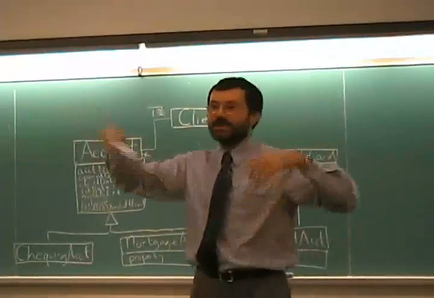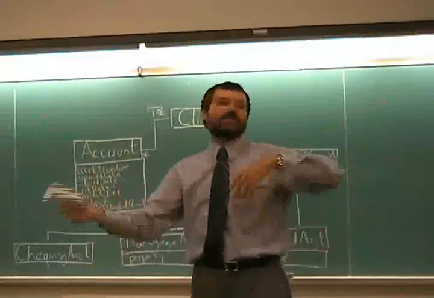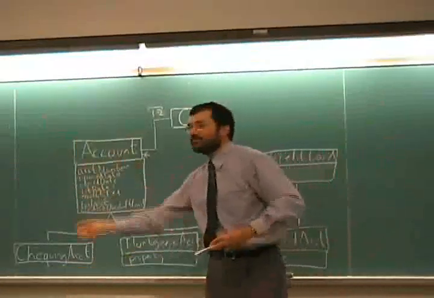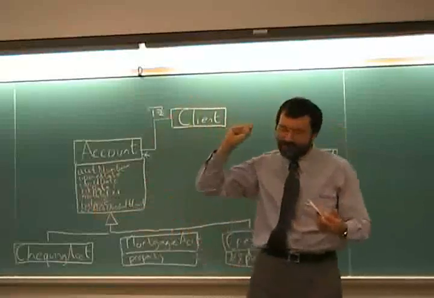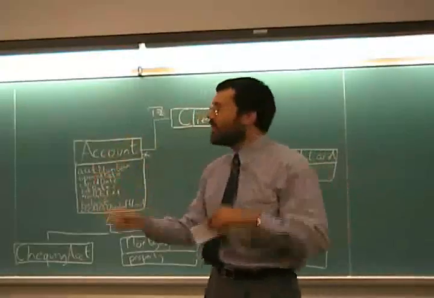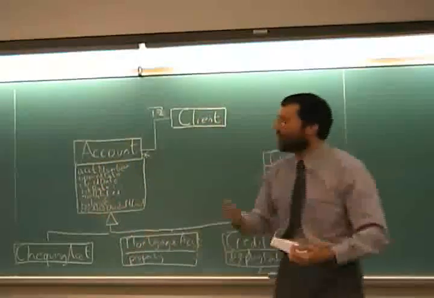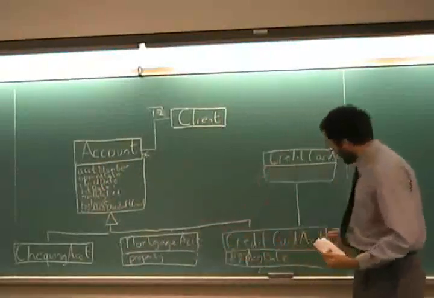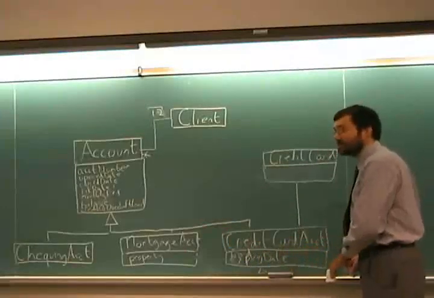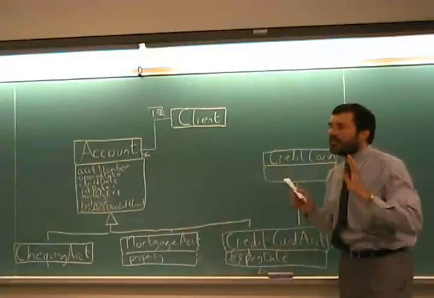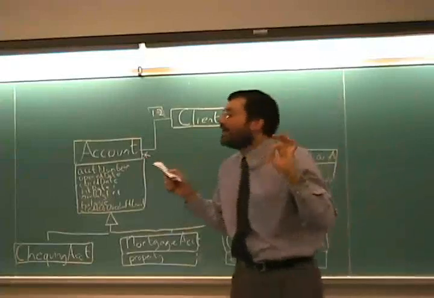Okay, so he's suggesting that we have all kinds of features on cards, like savings at stores and money back points and stuff like that. Now, what you're suggesting, then, is that basically every time we come up with a new set of features, we're going to have to create a new class and subclass it and add the extra features. That's something we have to think very carefully about.